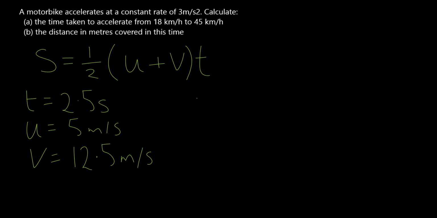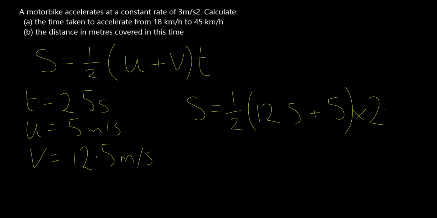and we'll find that the distance travelled is a half, 12.5 plus 5 times the time, which is 2.5.